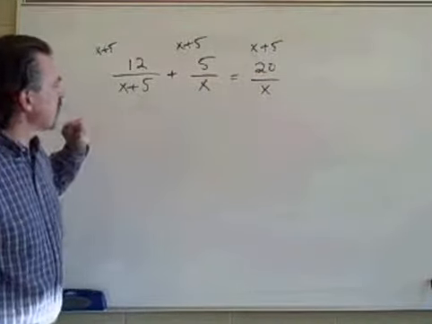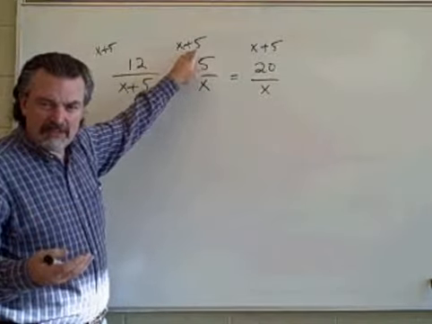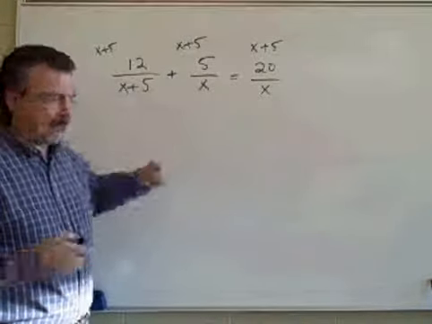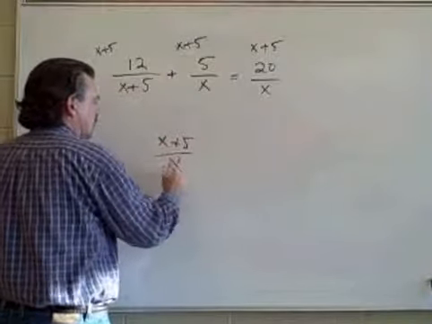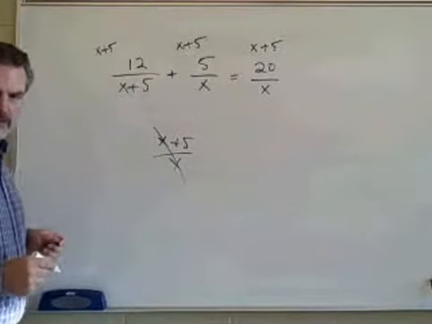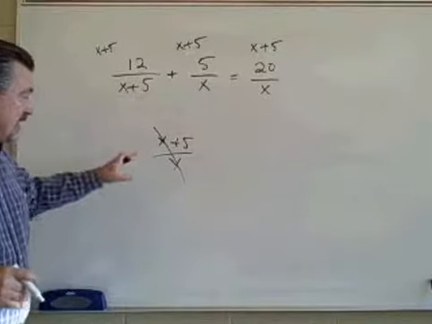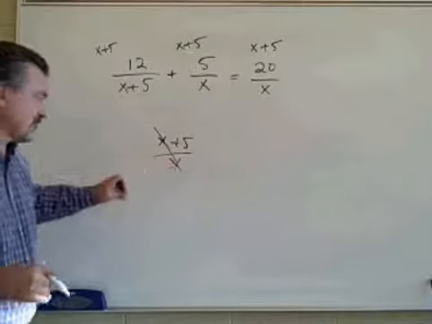Now, let me ask you this question. Would the x that's here in the binomial x plus 5 cancel the x that's here? In other words, if we had x plus 5 over x, can we cancel those x's? I trust you said no. And the reason we can't is because this x is tied up with addition, and we can't cancel that way.